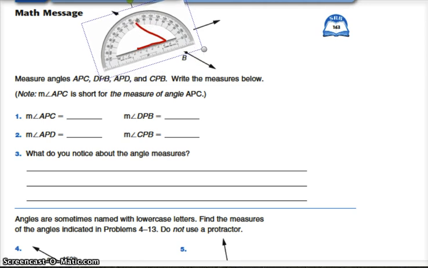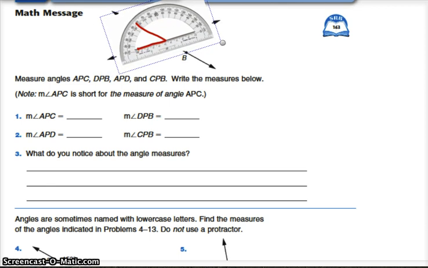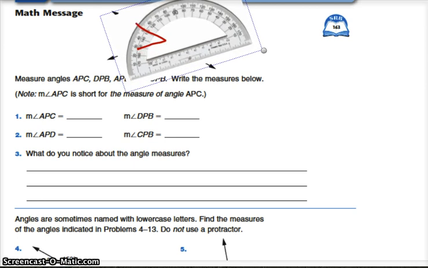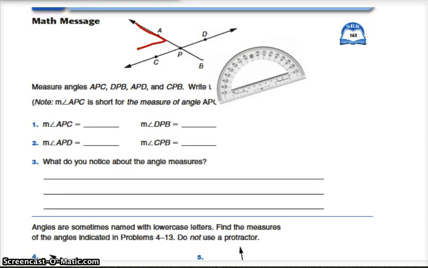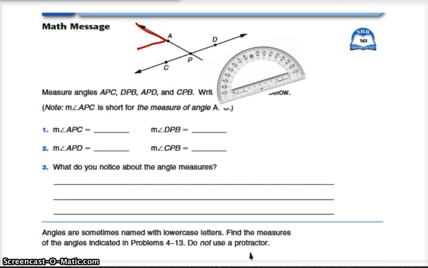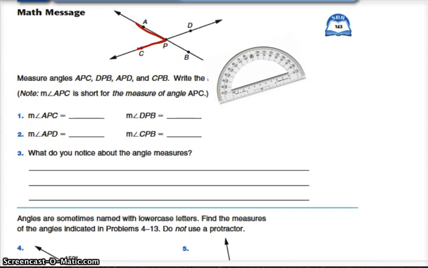We are looking at about, I think, what degree is that? About 50 degrees. So we're going to write in 50 degrees. So we have APC is 50 degrees.